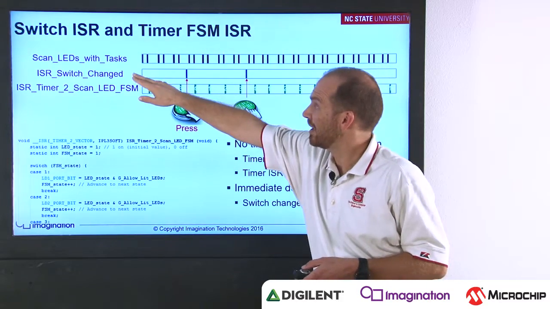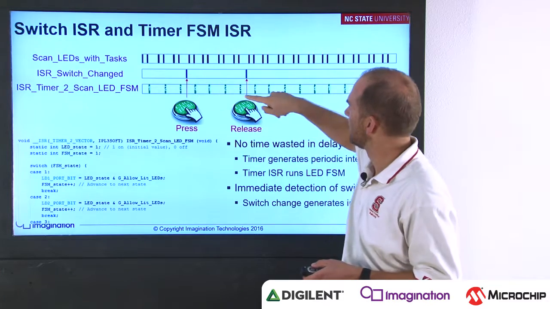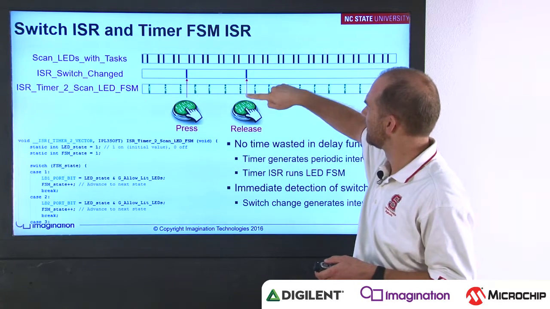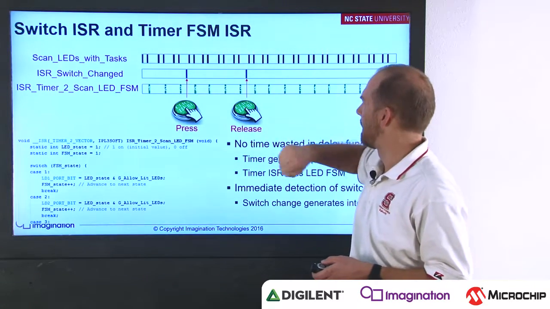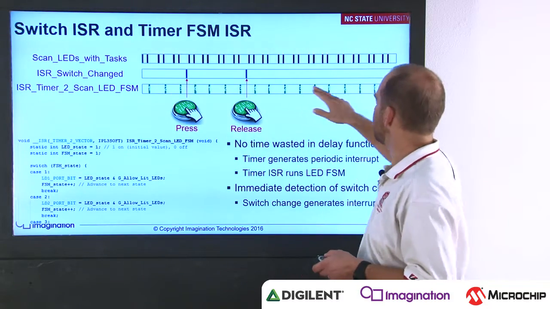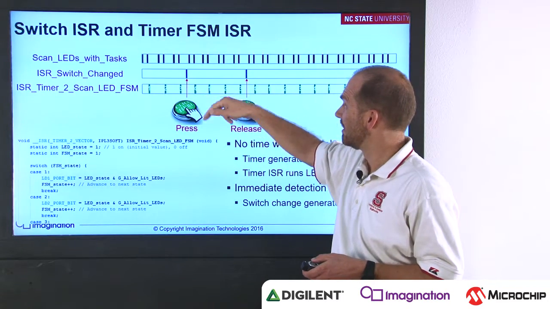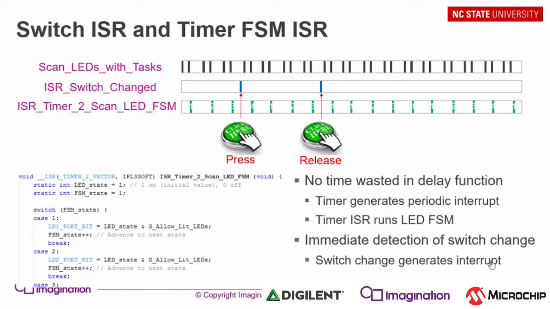So here, ISR switch changed. We have an interrupt triggered on the switch press and another triggered on the switch release. So that's much more efficient. And similarly, this LED scan code is only running when the code needs to go to the next state. So these are highly efficient interrupt service routines.